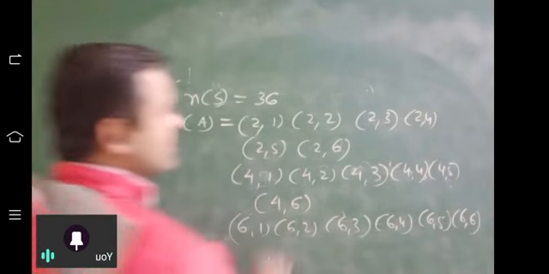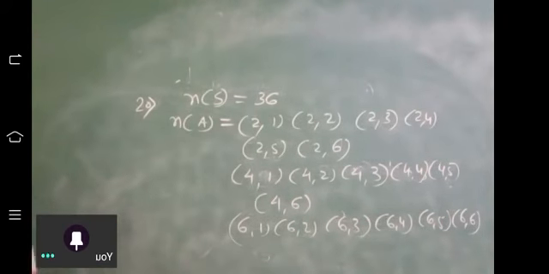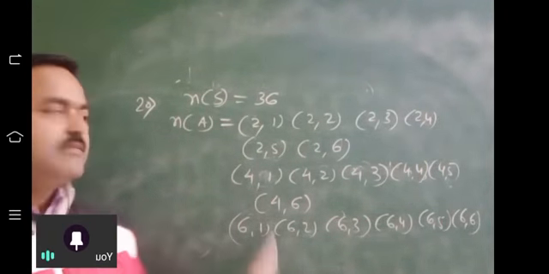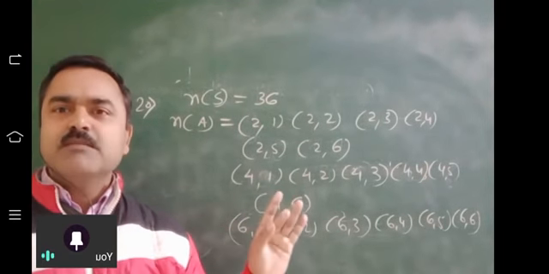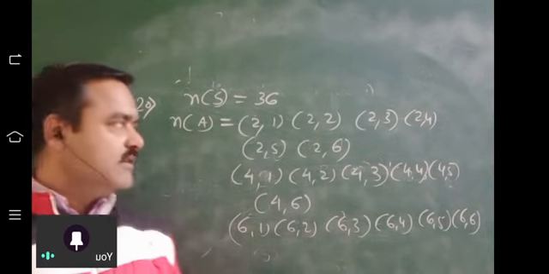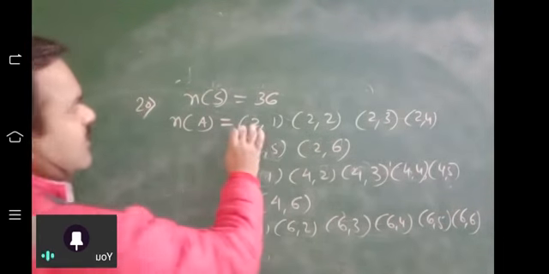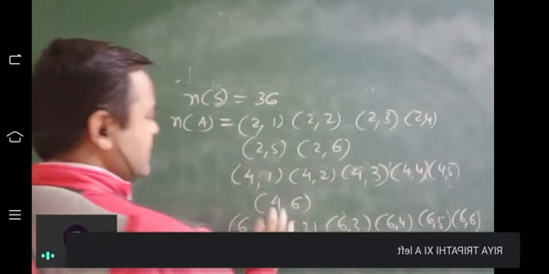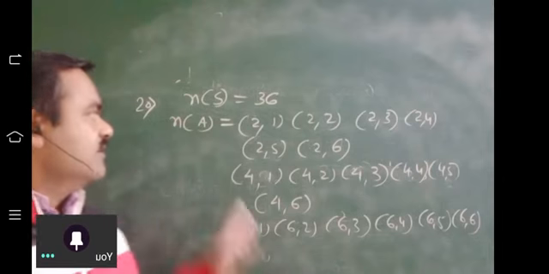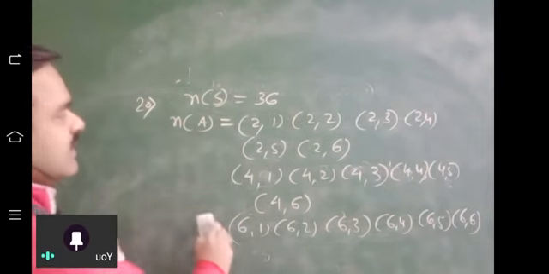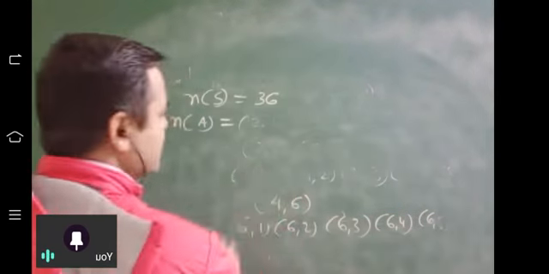So these are the outcomes in which on the first die there is an even number, because the even numbers from 1 to 6 are 2, 4, 6. So here 6, 6 and 6, total are 18. So the favorable outcomes for the even number are 18.